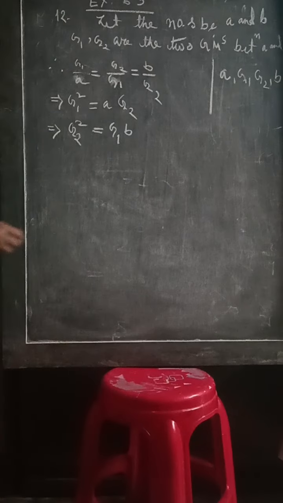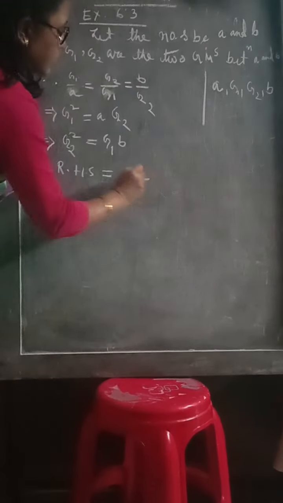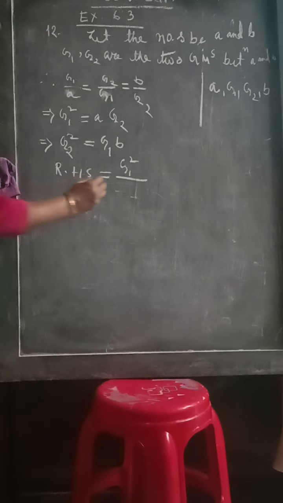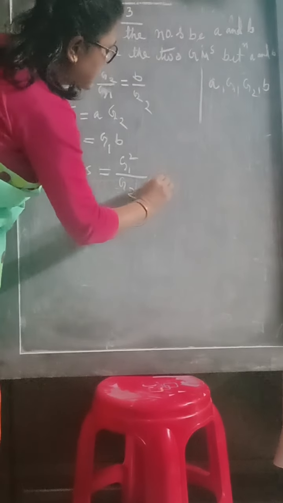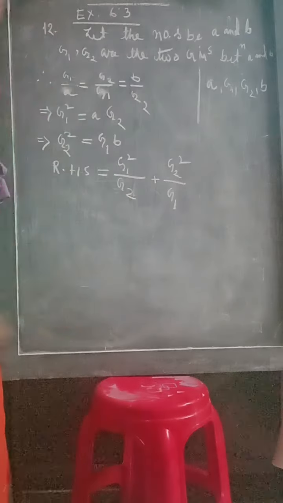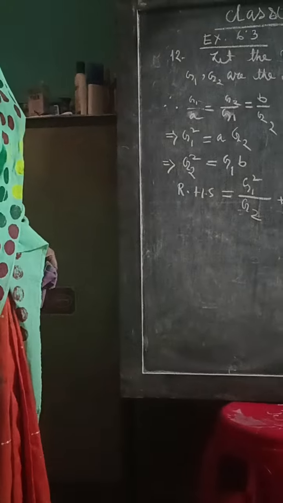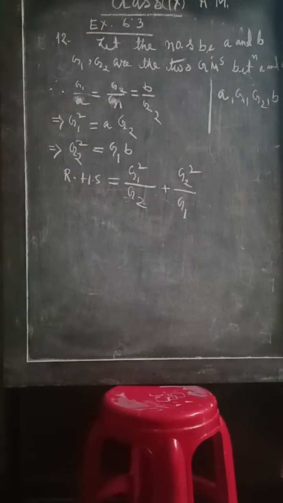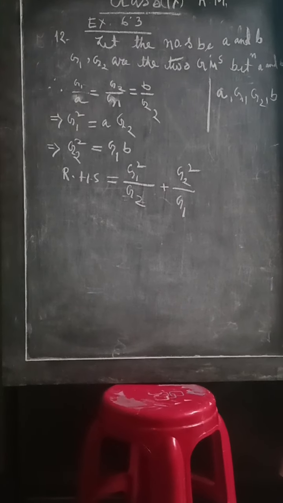Here take the right hand side. RHS equals G1 square by G2 plus G2 square by G1. What is the left hand side? Left hand side is equal to twice A. What is given here? What is A?